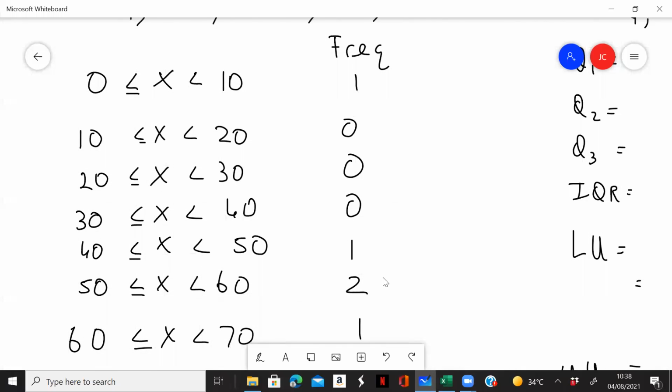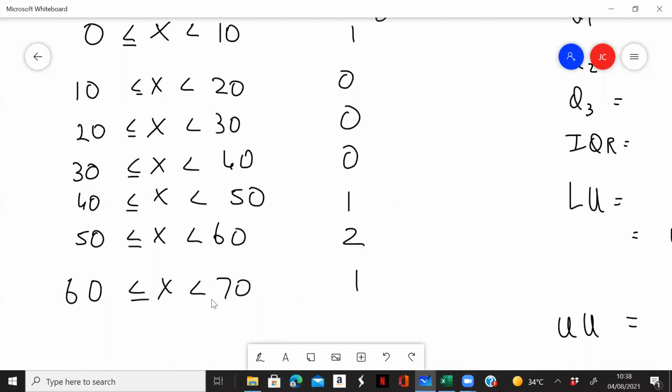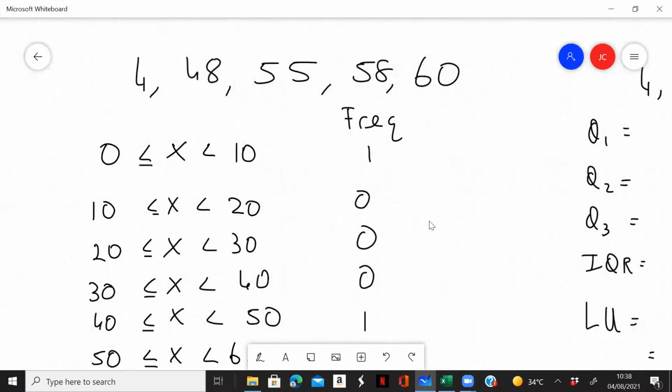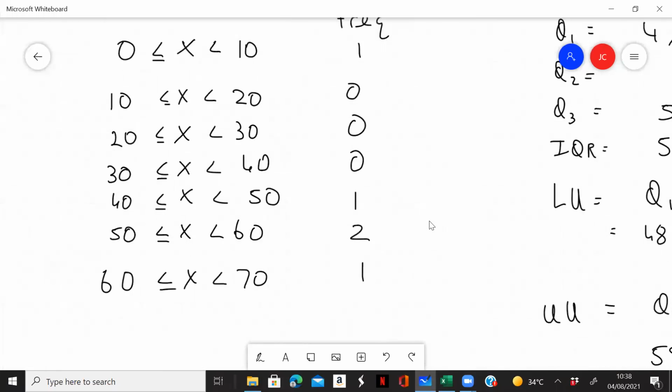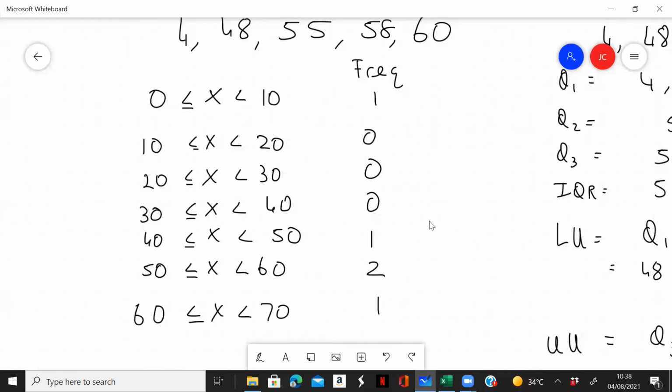So I put 2 in here. Then from 60 to 70, less than 70, I have 1 because I just have 60. Notice what we're doing. We have categories, boxes where we're putting in numbers, and we're counting how many numbers go into these boxes.